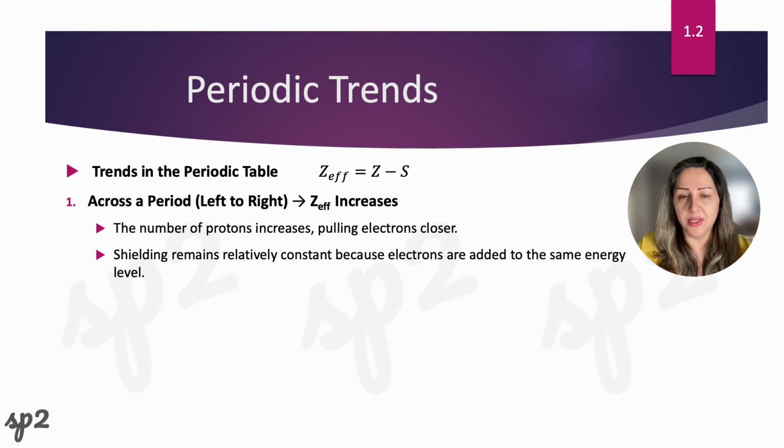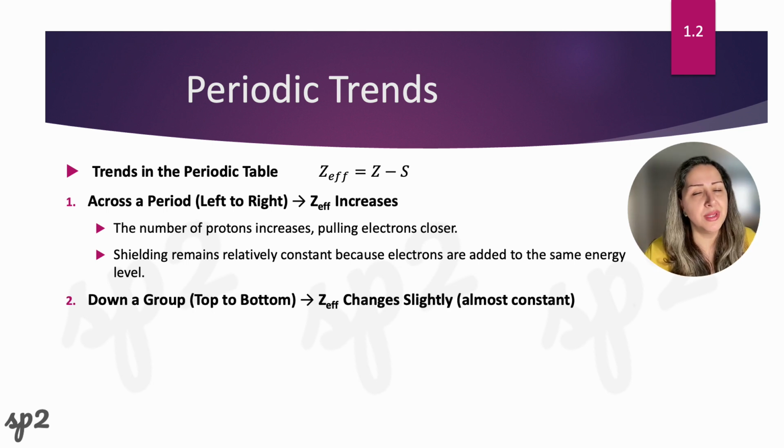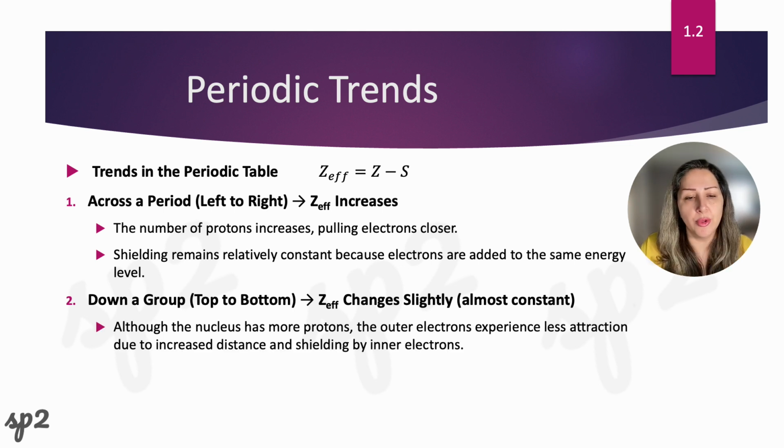Now, the story is slightly different when we go from top to bottom down a group. We're going to have a very slight change in our Z effective. Although the nucleus has more protons as you go down, the outer electrons experience less attraction due to the increased distance and slightly more shielding by the core electrons.